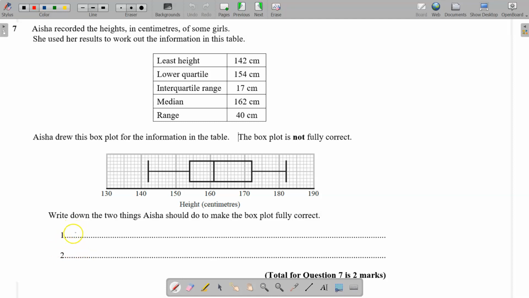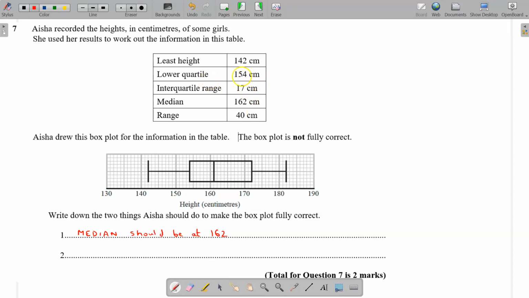So the first thing to write down is that the median should be at 162. Okay, that's the first thing. And the second thing is, now this is perhaps a little bit more difficult to see.